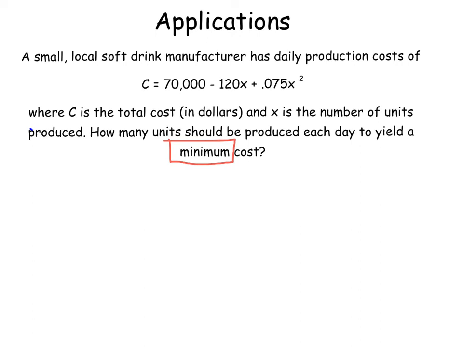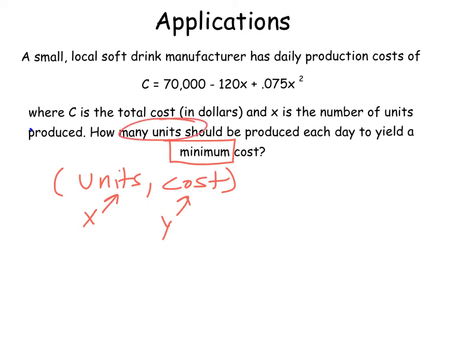All right, so I'm finding a minimum. Now, I'm kind of doing the same thing to start. And I'm like, okay. The units produced is like the X, and the cost is like the Y. I think those are really, really good to identify because this is about how many units should be produced.